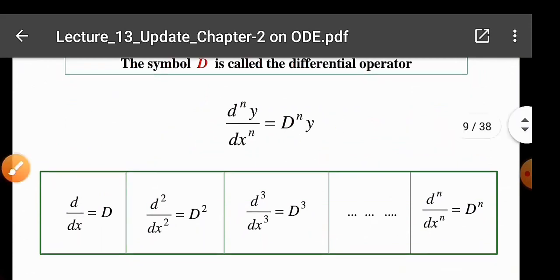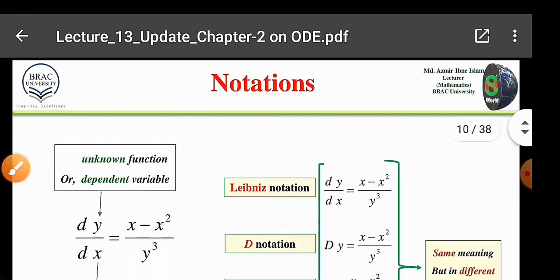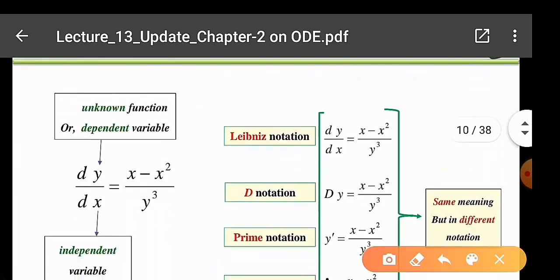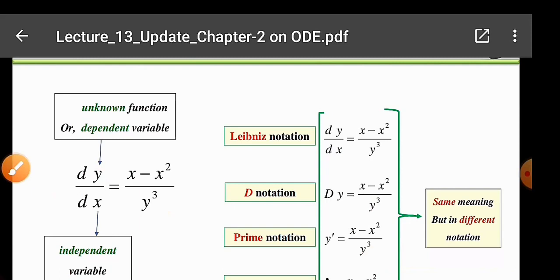At the same time, here you can see a differential equation, that is dy/dx equal to x minus x squared over y cubed. The upper part y is called the dependent variable or unknown function, and the lower part x denotes the independent variable.